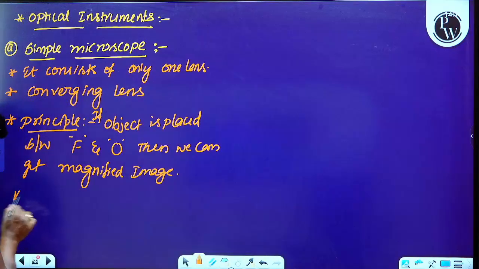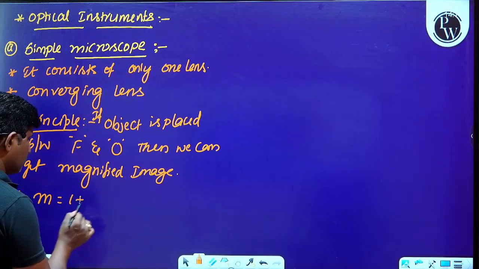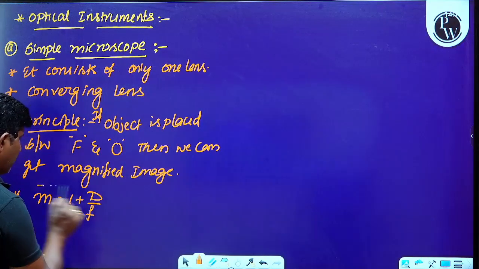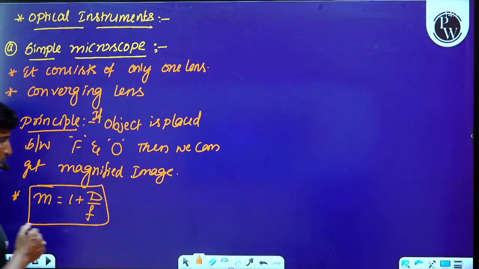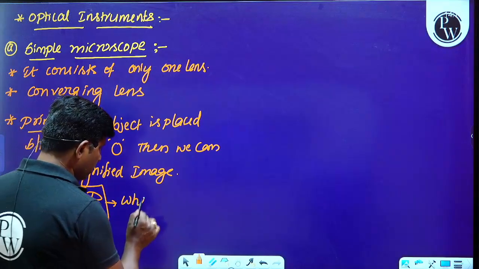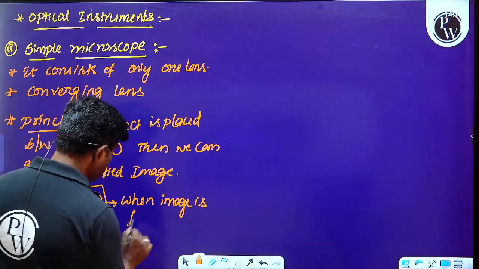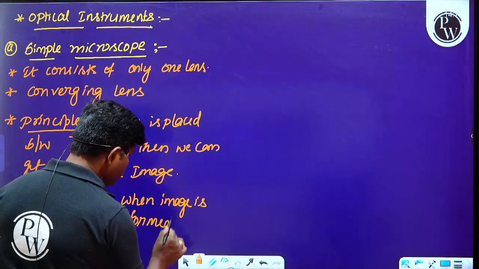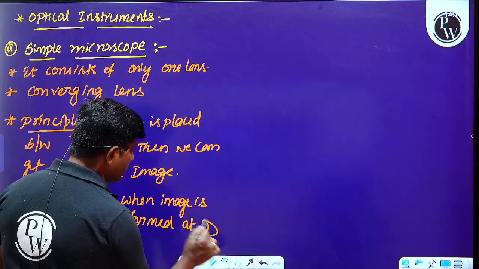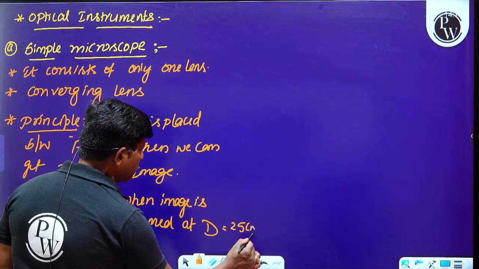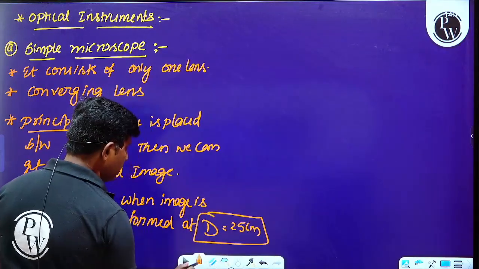Therefore, what is the magnification? M is equal to 1 plus D by f, when the image is formed at capital D, which is usually taken as 25 centimeters.